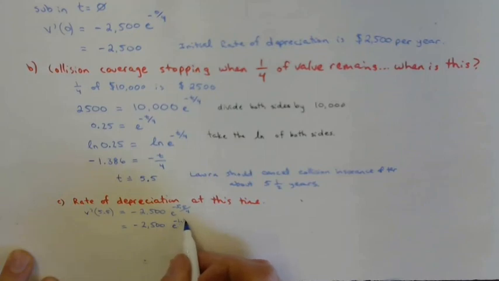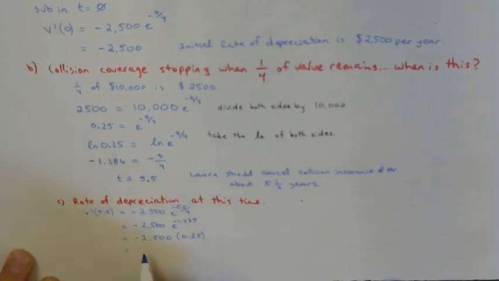So you can leave that negative 2,500 out and then simplify your exponent for e, which would be negative 1.375. Then you could do that calculation. e to the power of negative 1.375 is 0.25.